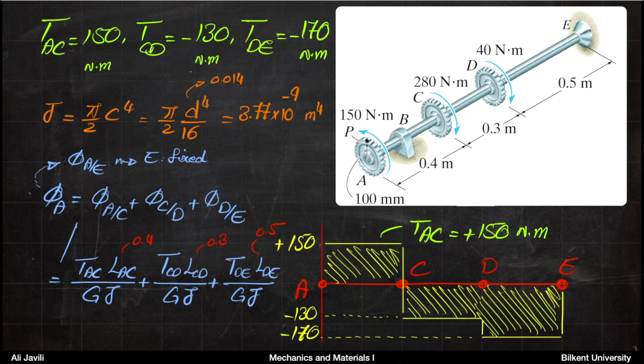You know what the diameter is, so instead of c, we use d divided by 2. So c to the power of 4 would be d to the power of 4 divided by 16. And again, d is 14 millimeter. If you insert that, you get J equals 3.77 times 10 to the power of minus 9 meter to the power of 4.